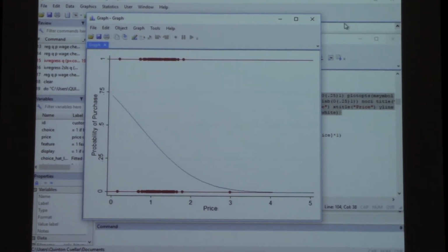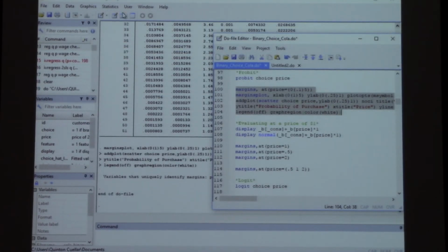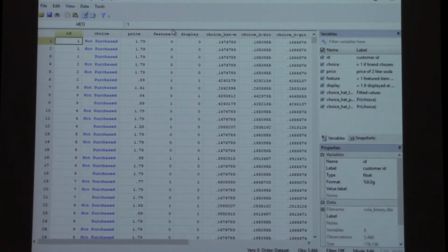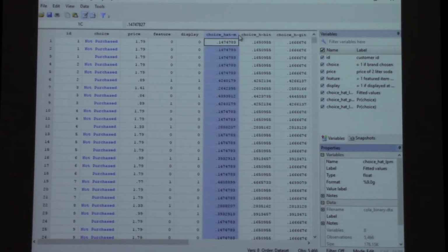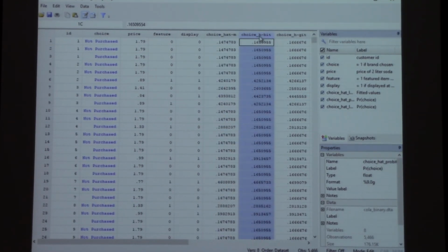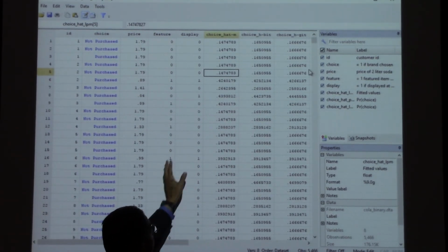If we look at the data, remember when we use the predict command, here's choice hat. That's the LPM, the linear probability model. This is the probit, and this is the logit. So we literally took the zeros and ones, and we're converting them to probabilities.